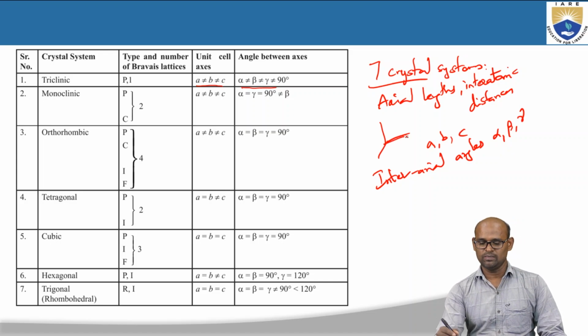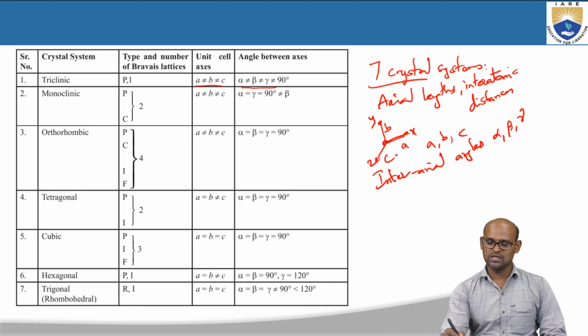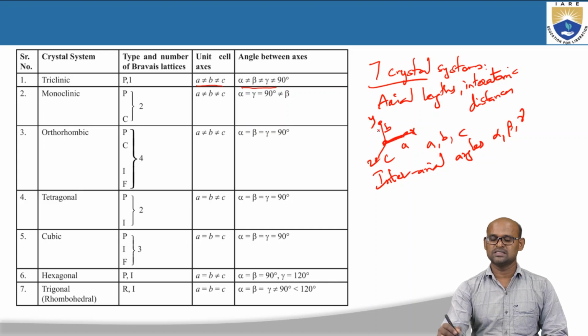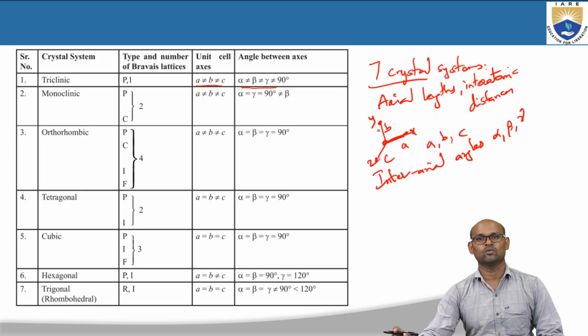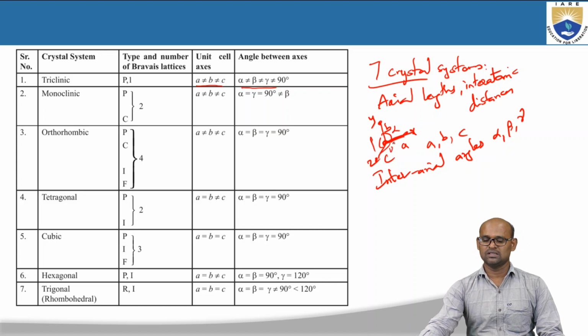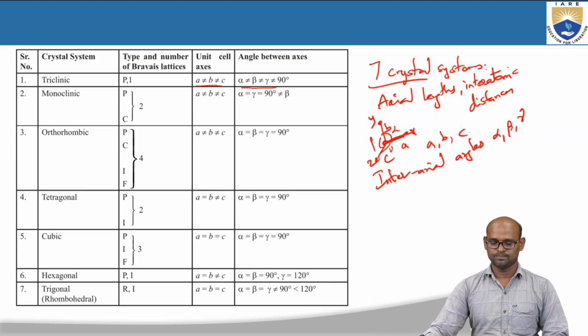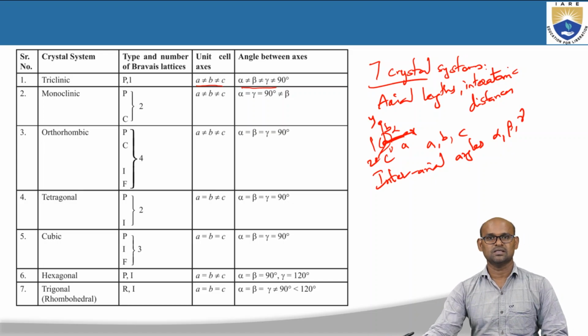If you take X, Y, Z, the distance between 2 atoms along X is A, along Y is B, and along Z is C. These axial lengths are not equal, and the angles between the axes are not 90 degrees. So the axes are not perpendicular and have different lengths. That is the triclinic system, and it has only one Bravais lattice.